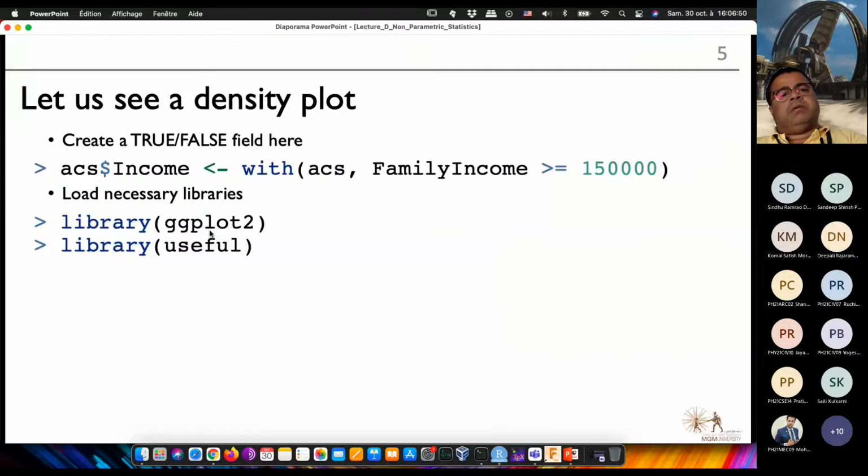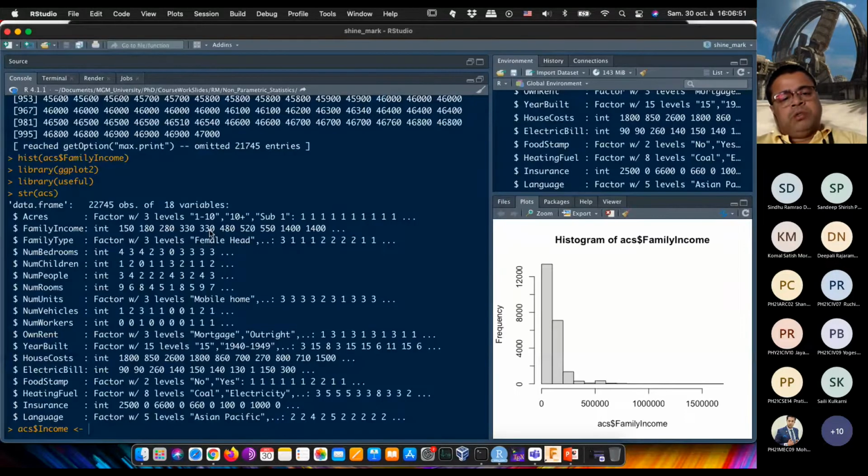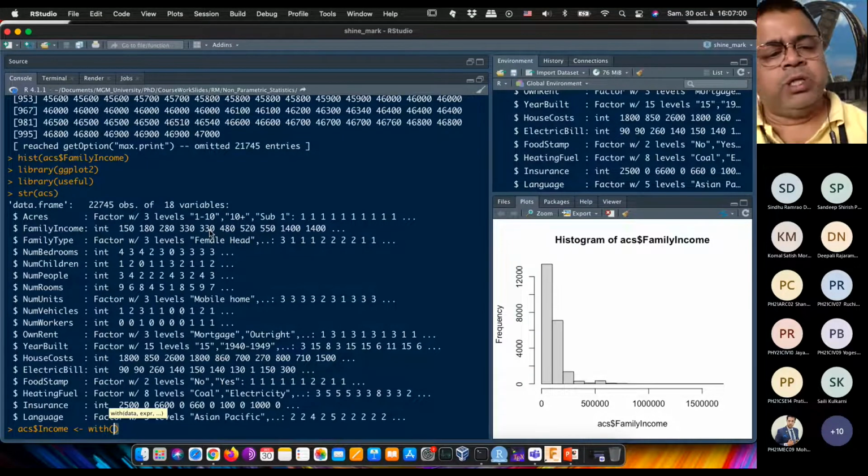This is the command. You see. So I am going to say with ACS do something. What is the syntax of the with command? With command says I just have to give the data. So where is the data? My data is in ACS. So what is my expression?